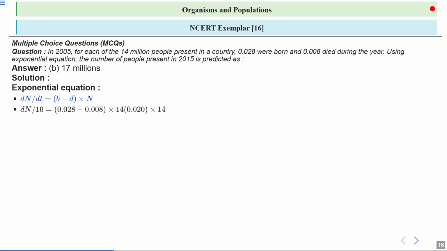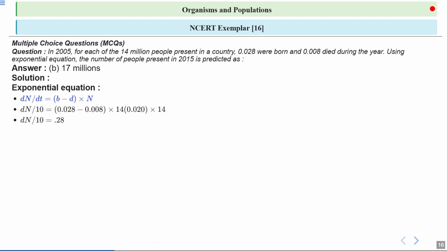Okay, so if we put in the values, then you will get dN by dt is equal to (0.028 minus 0.008) into 14. Okay, then 0.020 into 14.